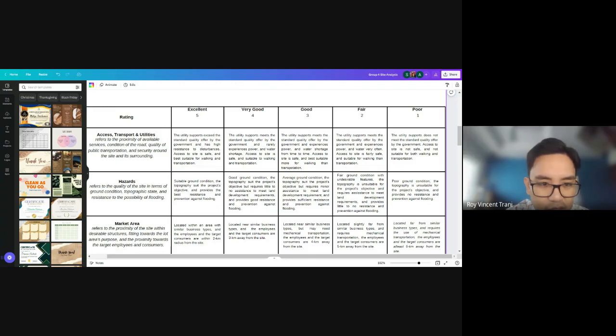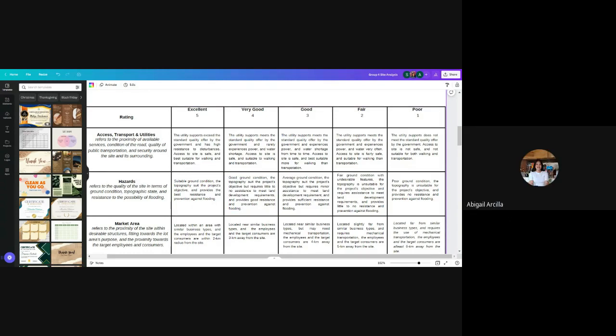So how do you distinguish 4 and 5 in hazards? Sir, the very good one needs assistance, even minor assistance, to meet land development requirements, while the excellent one has perfect and suitable topography, so there is no need for assistance for the land development requirements, sir.